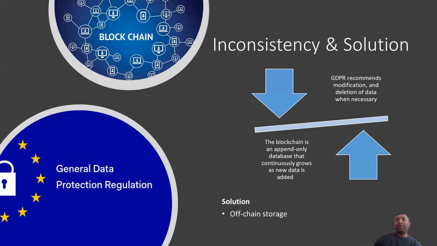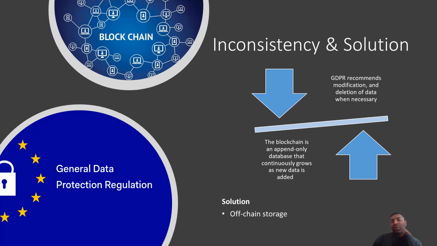But if you remember, we just discussed that GDPR recommends modification and deletion of data. For example, when the citizens want to update their information, some modification to the data is needed. And when citizens want to delete their data, they need to be able to delete the data. So there is an inconsistency between blockchain and GDPR.